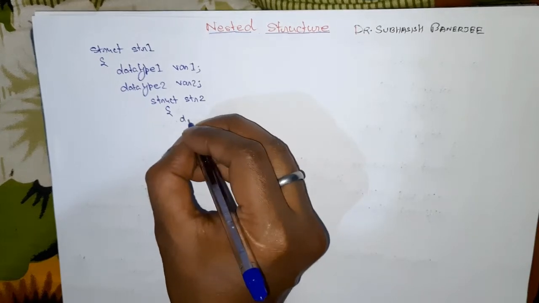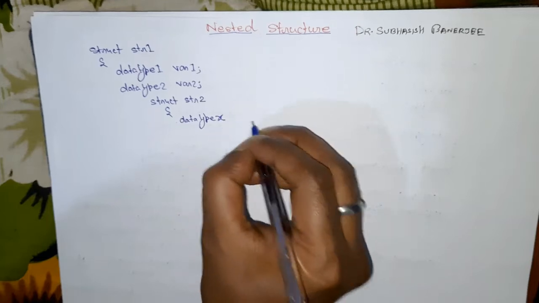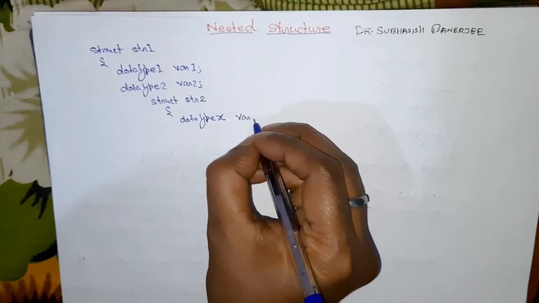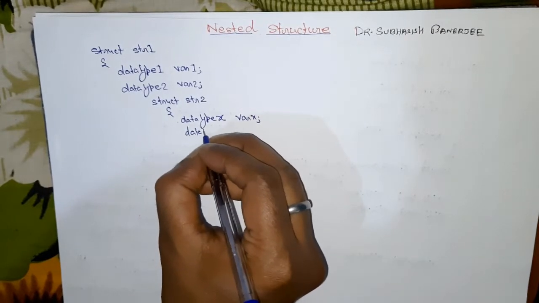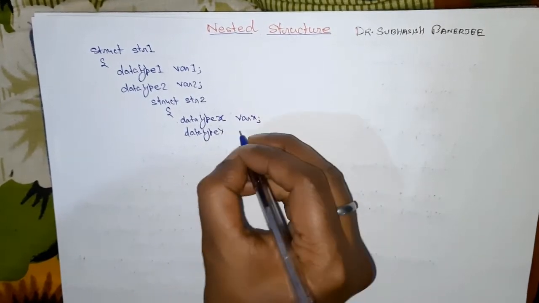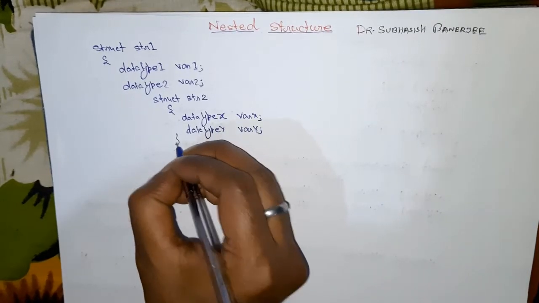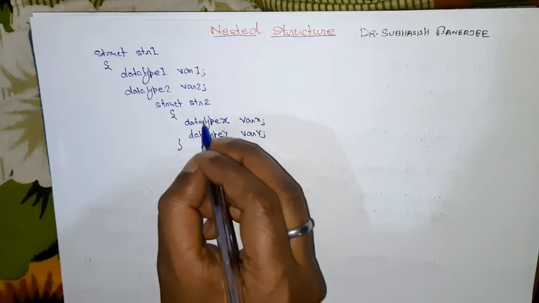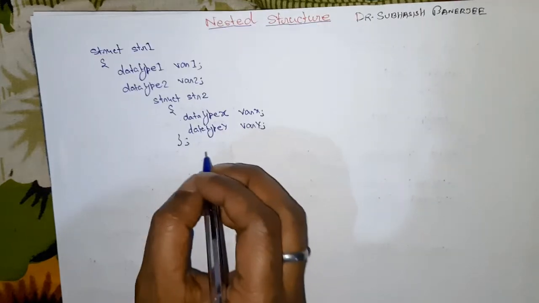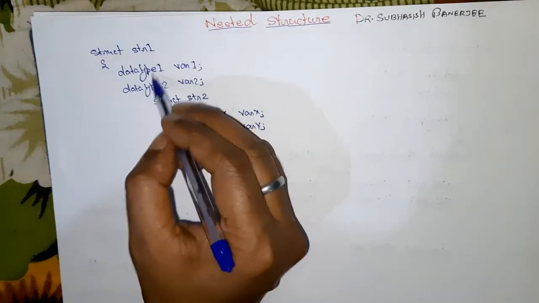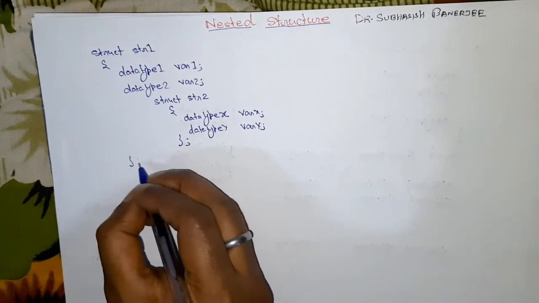So let's have some data type x, variable x, data type y, variable y, and you may list as many data types as you wish to declare here. This also should end with a semicolon. Suppose the structure outside has only two fields, and you may close it here.